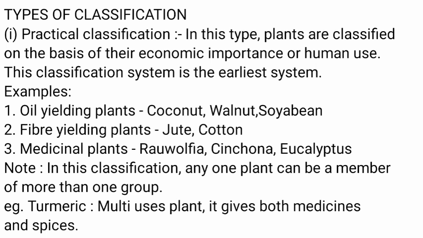Medicinal plants: Rauwolfia, cinchona, eucalyptus. Note, in this classification, any one plant can be a member of more than one group. Example, turmeric, a multi-use plant. It gives both medicines and spices.